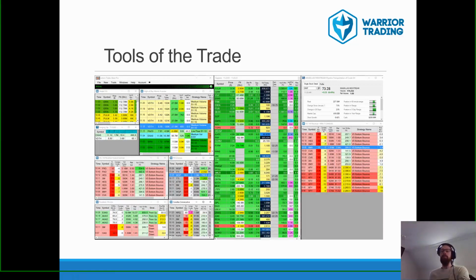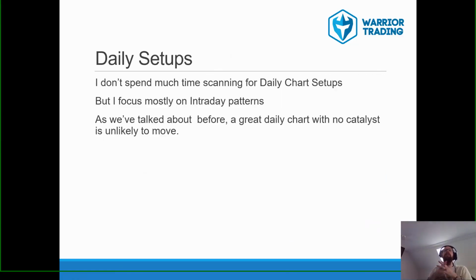Now, I want to remind you that I don't spend a lot of time looking at daily setups, and I don't spend really any time scanning for strong daily setups. And the reason is because even if you have a stock with an incredible daily chart, if you don't have high relative volume, if you don't have that intraday catalyst, it's very rare that that stock will make a move, right?